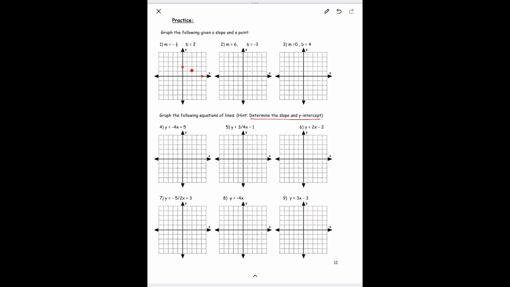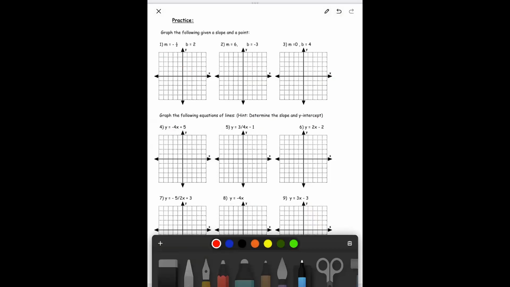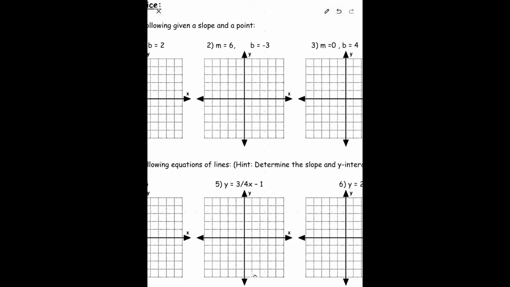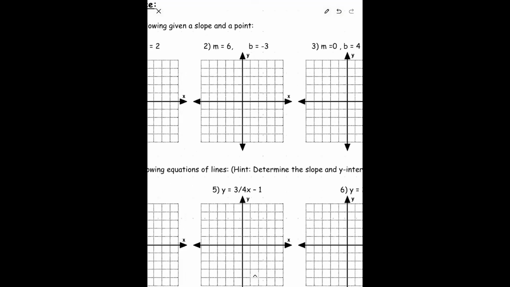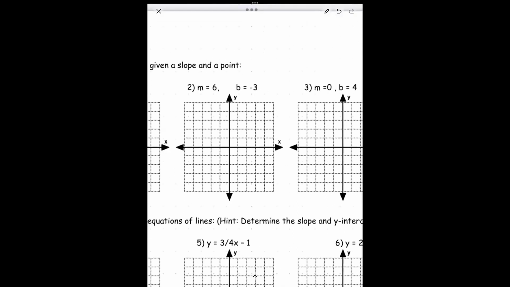I'm going to do this one right here, number 2. It says the slope is 6 and the y-intercept is -3. Now, I'm going to change this up a little bit so that you guys can see this.